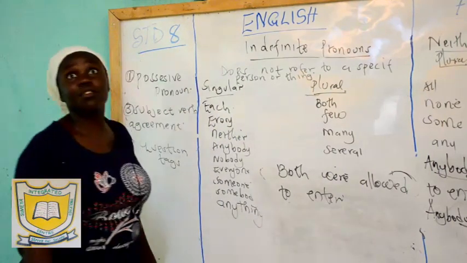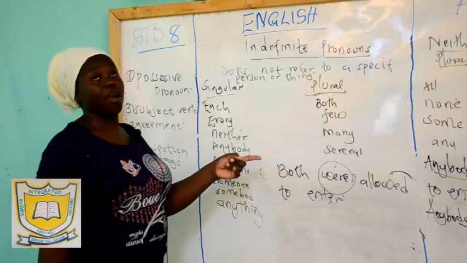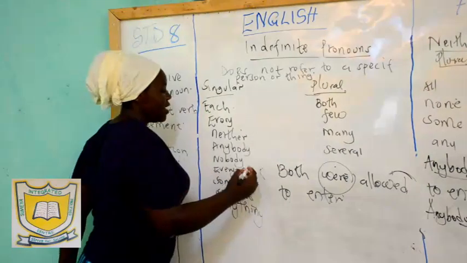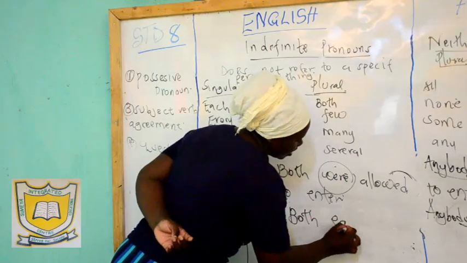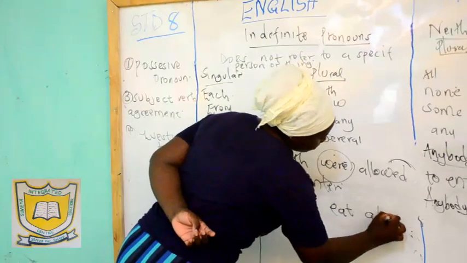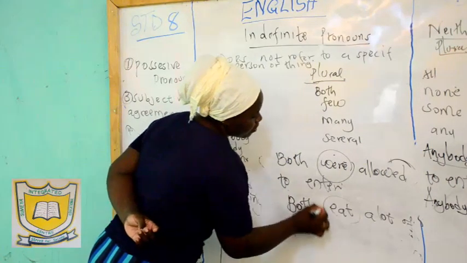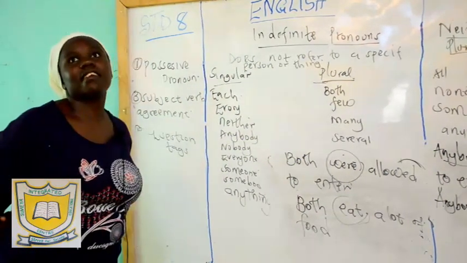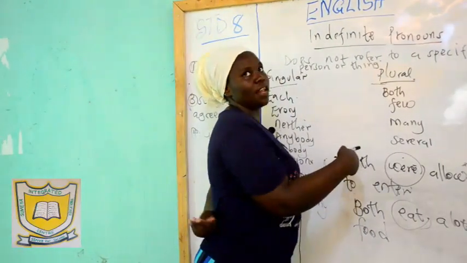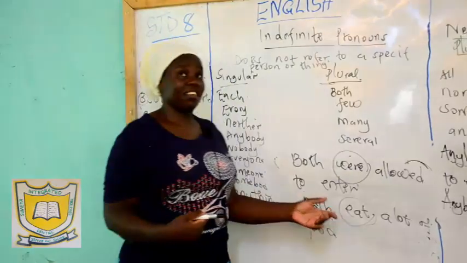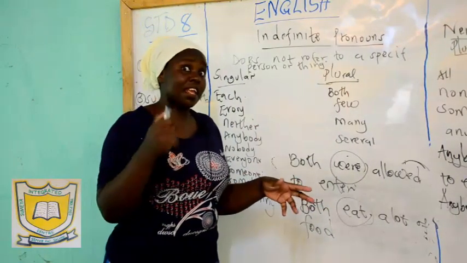Both were allowed to enter. So my helping verb is were, which is plural. And then I can say both eat a lot of food. Both eat a lot of food. So I'm having eat, a singular verb. Were is a plural helping verb, and then eat is a singular verb. If I say it's a singular verb, it does not have an S on it.